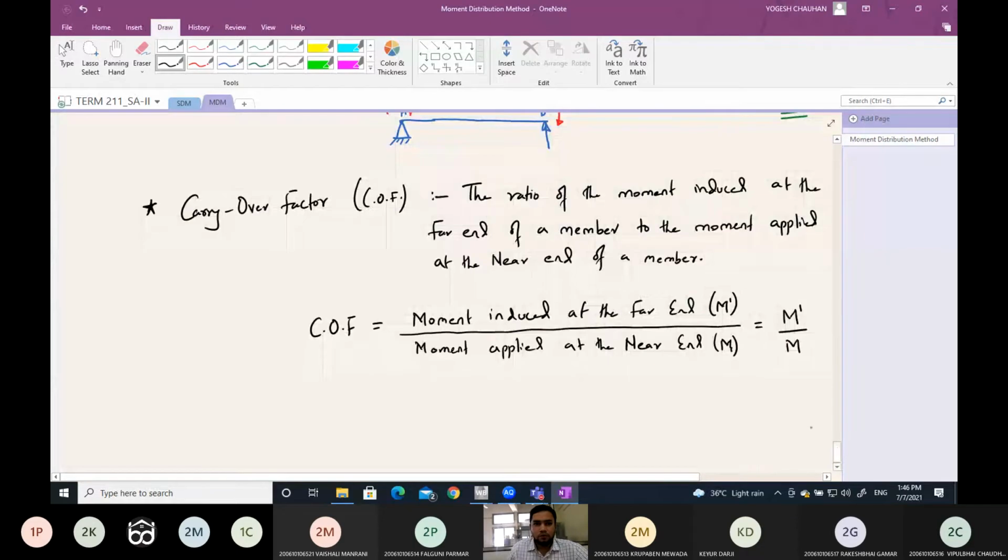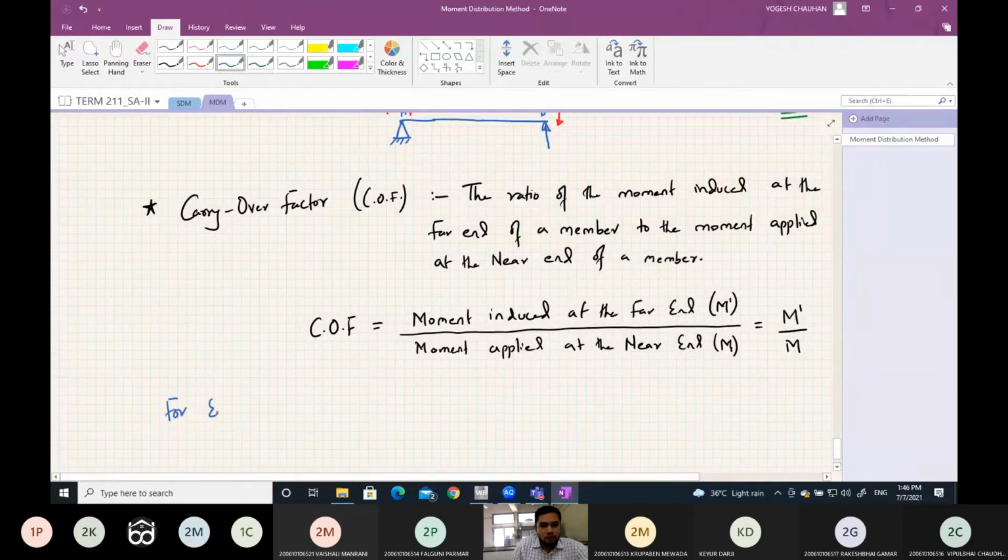So consider, for example, case 1. Far end is fixed.